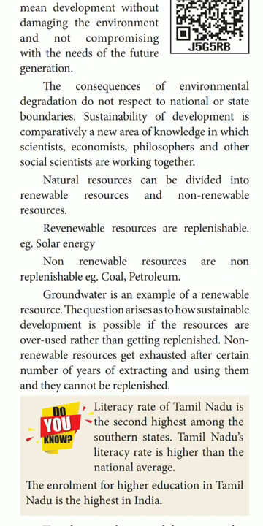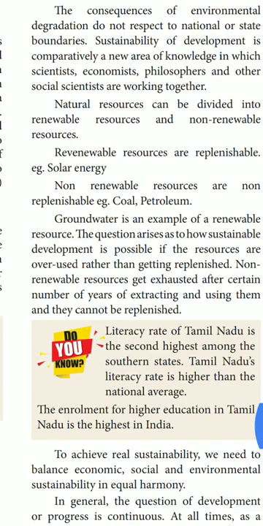So which is the example for renewable resources? Groundwater. These non-renewable resources get exhausted after a certain number of years of extracting and using them, and they cannot be replenished.